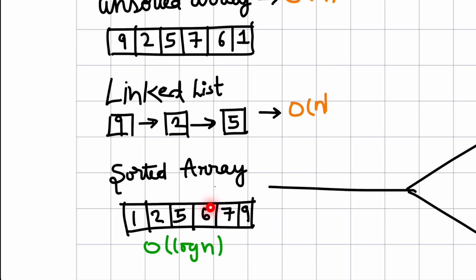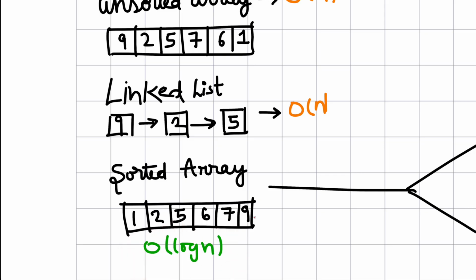If I'm at a node 6 and I'm trying to find 2, then I'm sure that since 2 is less than 6, it's going to be in the left sub array. And if I'm trying to find 9 standing at 6, since it's greater than 6, I'm sure that it will fall in the right sub array. So this will bring down the complexity to log n. So we got a sorted array, we can search in this, and it gives a great time complexity of log n.